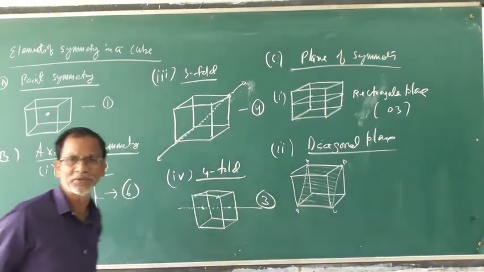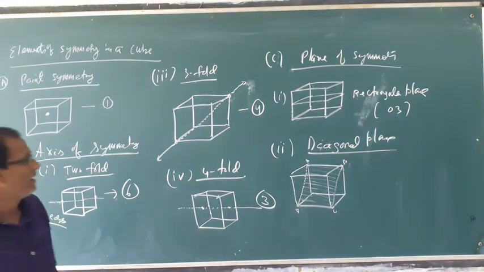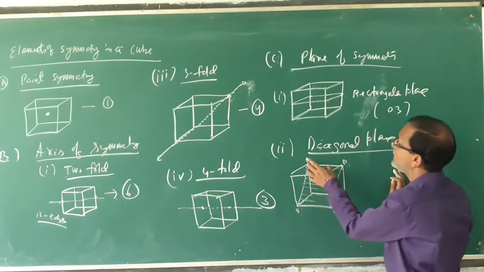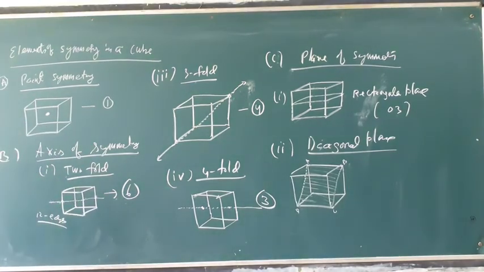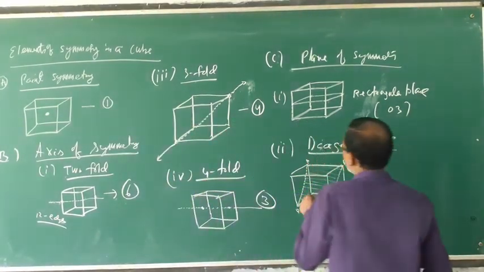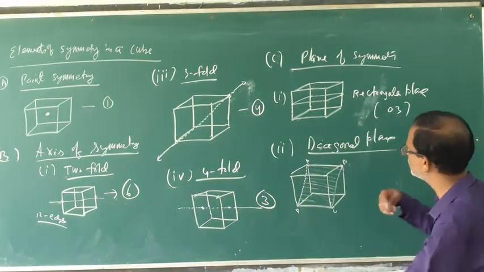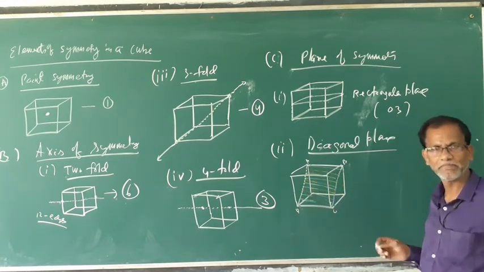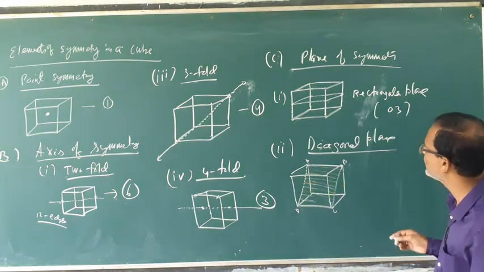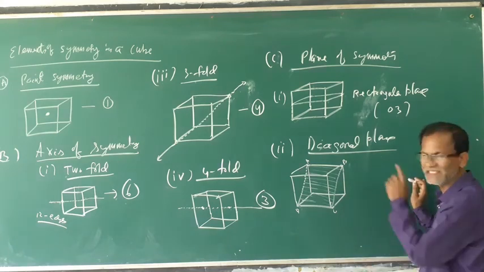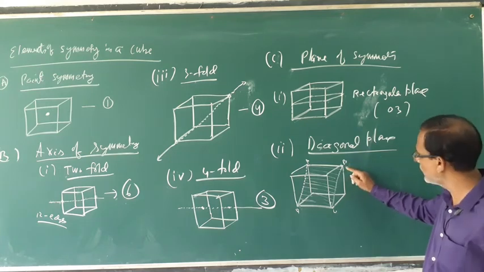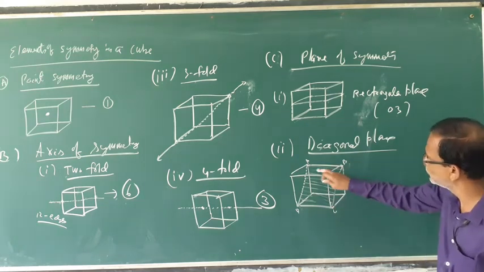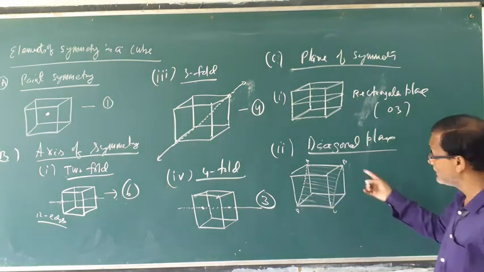How many types are possible? Just think. How many corners? Total 8 corners. If you see the diagonals, how many diagonals are possible? How many faces? Total faces are 6. 6 faces.